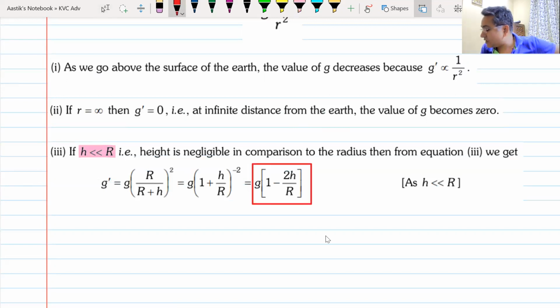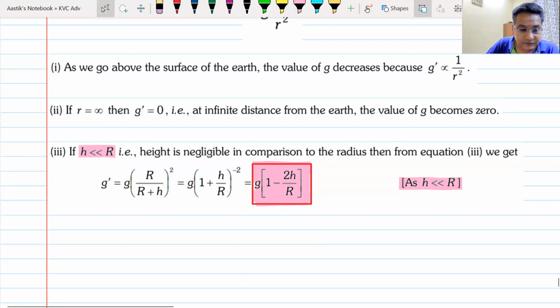G dash will become G into (1 minus 2h by r). But remember, this formula is only valid when the value of h is very, very small compared to the radius of Earth.